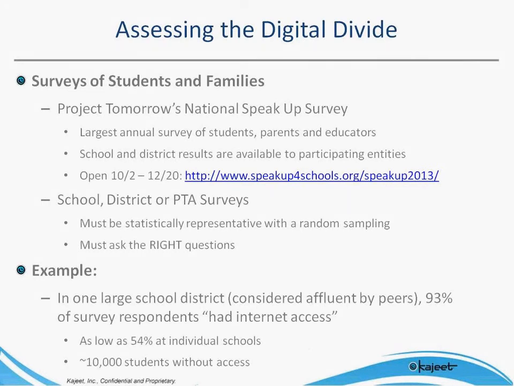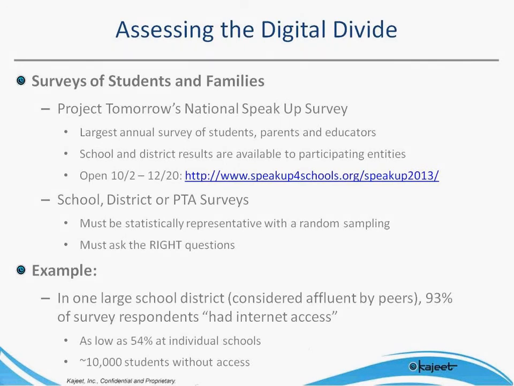For school, district, or PTA surveys, what we have found is really critical is to make sure that a survey that you conduct yourself is statistically representative, using a random sampling. Voluntary opt-in surveys do not have these characteristics, and the data that comes out of those surveys can be quite skewed.